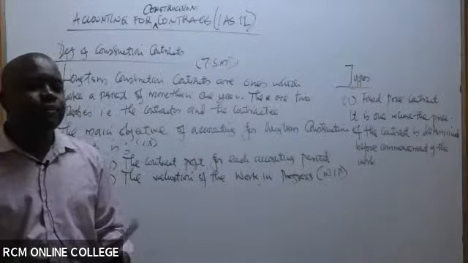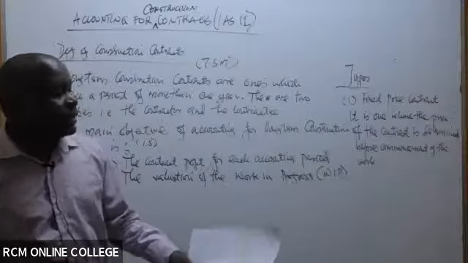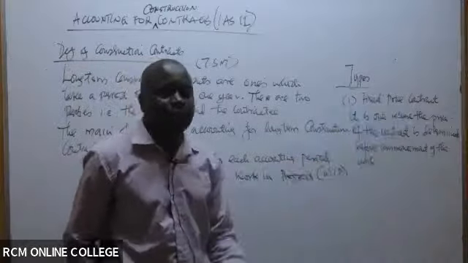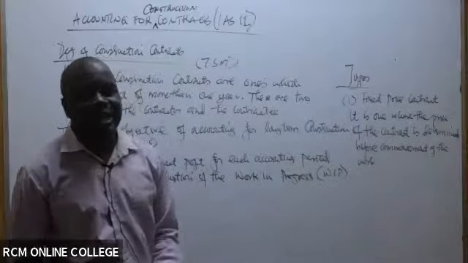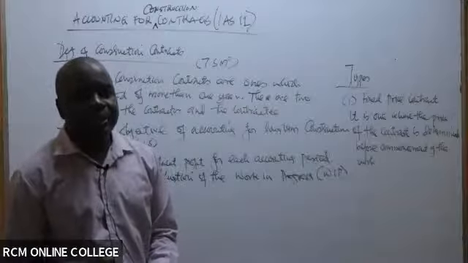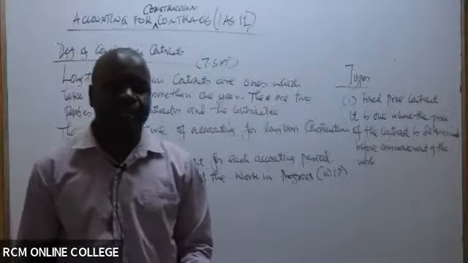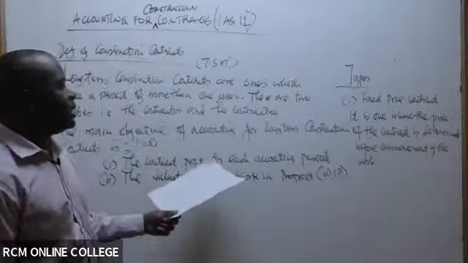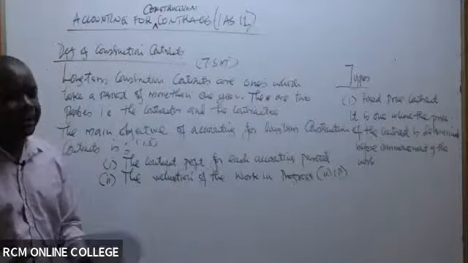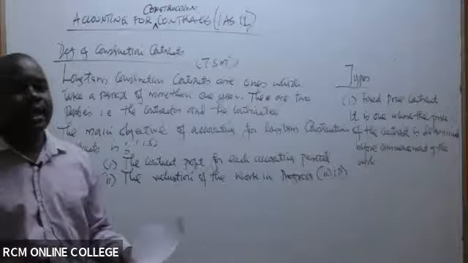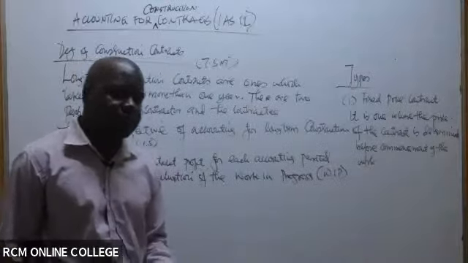So rather than having the contractor tied down in such a contract, what is normally included is what we call an escalation clause. An escalation clause enables the contractor and the contractee to adjust the contract price whenever the work progresses.